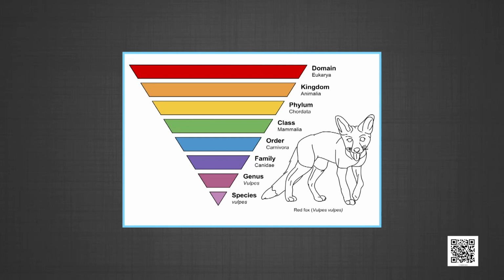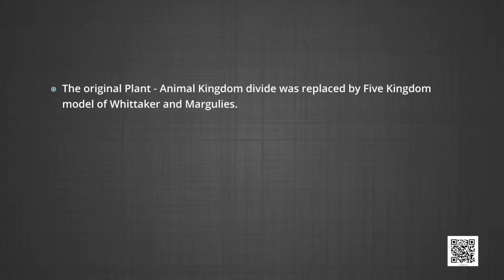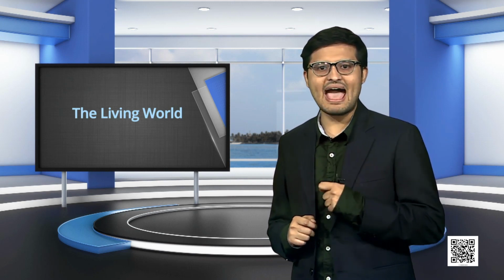Kingdom, the highest ranking in the standard Linnaean system. The term is based on earlier medieval and alchemical ideas, for example animal kingdom, vegetable kingdom, mineral kingdom. The original plant-animal kingdom divide was replaced by the five-kingdom model of Whittaker and Margulis. All animals belonging to varieties of phyla are assigned to the highest category called kingdom Animalia.